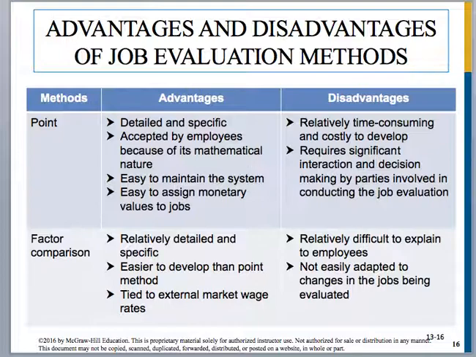However, it requires significant interaction and decision-making by parties involved in conducting the evaluation itself. The factor comparison method is easier to develop than the point method. However, it's not easily adapted to changes in the jobs being evaluated. So if the jobs being evaluated have frequent changes or have a drastic change, it cannot easily adapt to those changes.